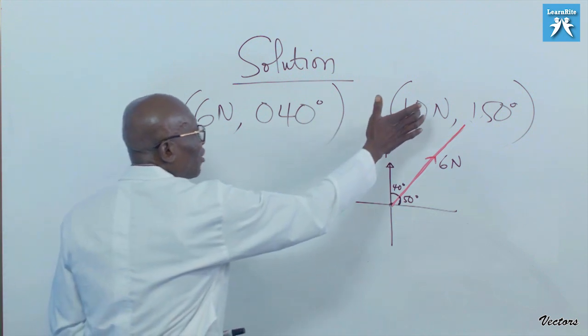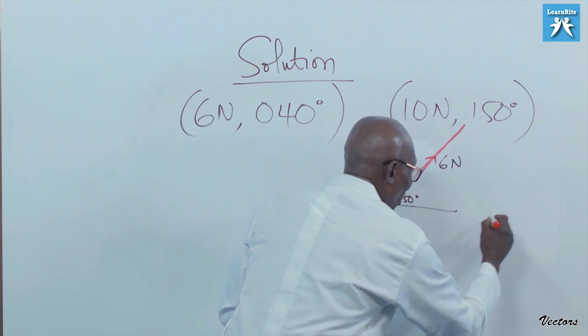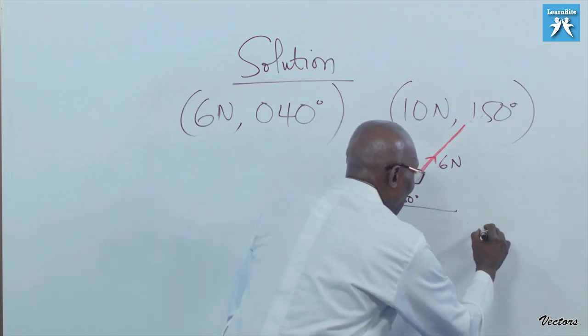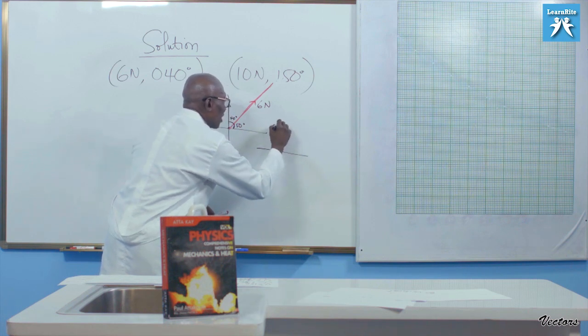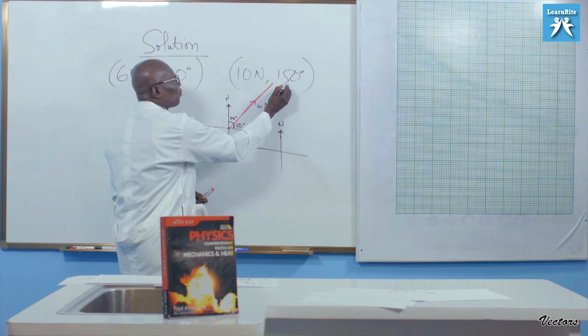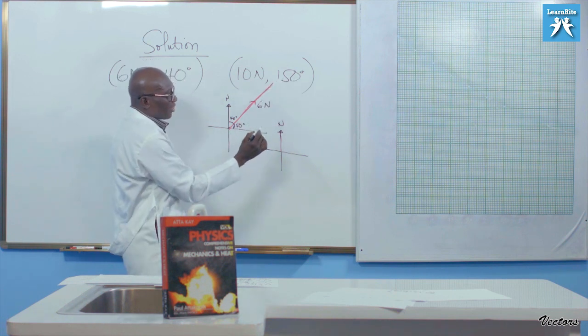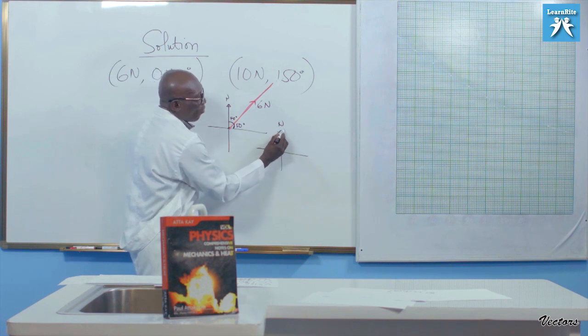How do we draw this one too? Again, I will draw my north, my cross line, put my north here, and I travel through an angle of 150. So I'll start from the north and I'll go 90 here.